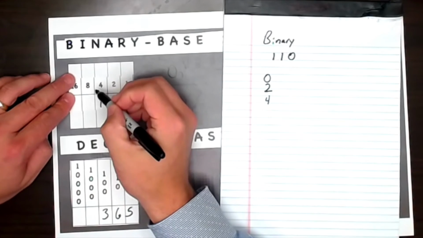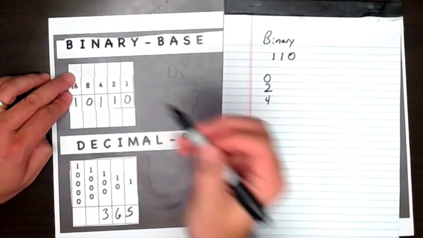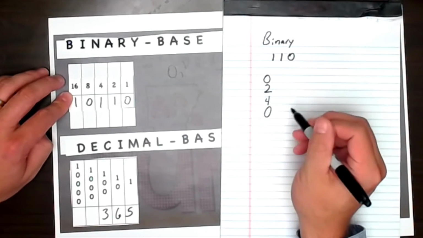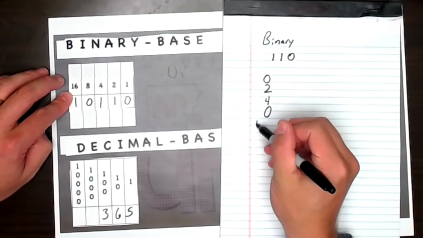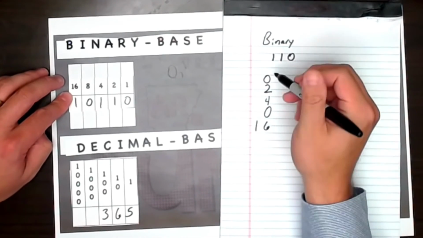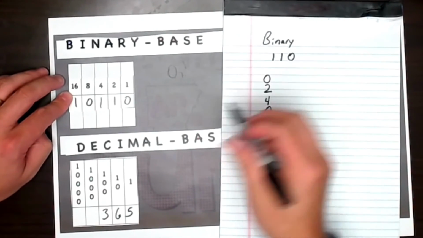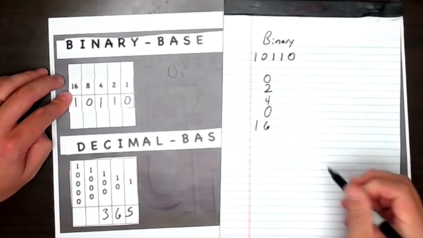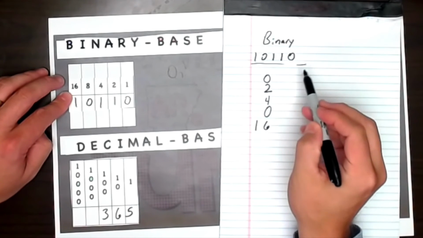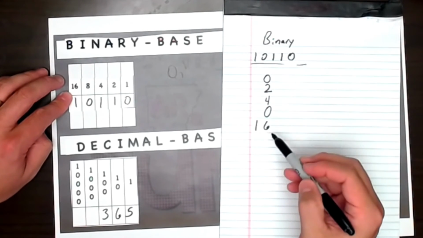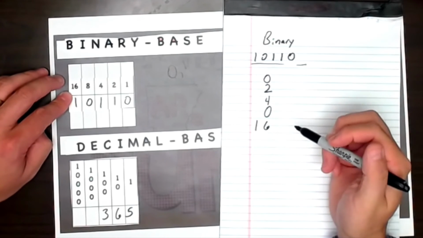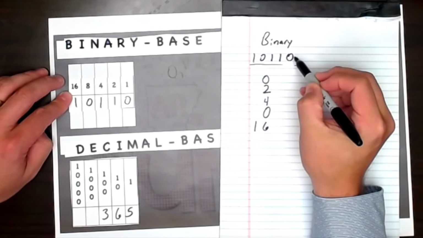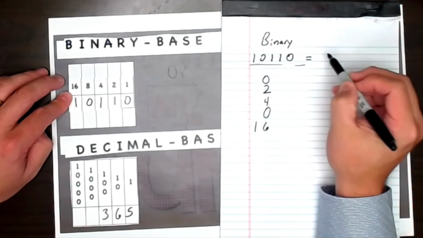Now if we went on up and had put 0 and 1 there, then we would have 0 eighths, or 0, and then we would have 1 sixteen. So this would be 10110. Let me add that up there. This is that number thought about in our decimal system. So let's see what 10110 in binary equals in decimal.